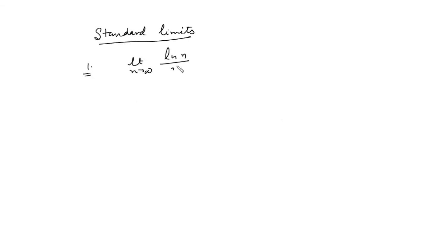So once again, see the standard limits. The first is the limit of ln n by n as n approaches infinity, it is 0. The second is the limit of n to the power 1 by n, this is 1.